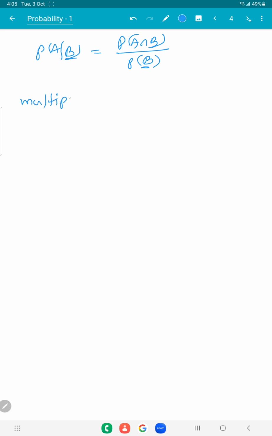Multiplication theorem. The multiplication theorem is a cross multiplication of the conditional probability statement.